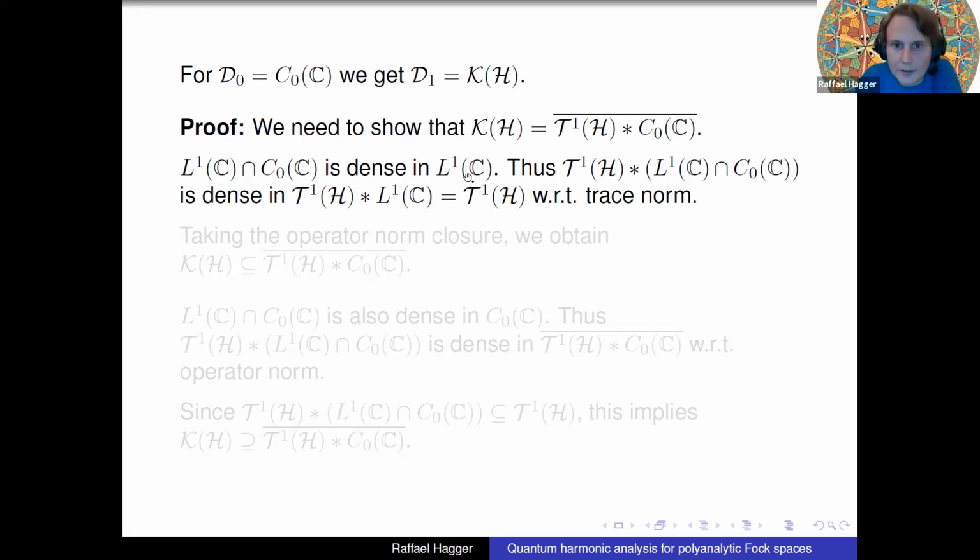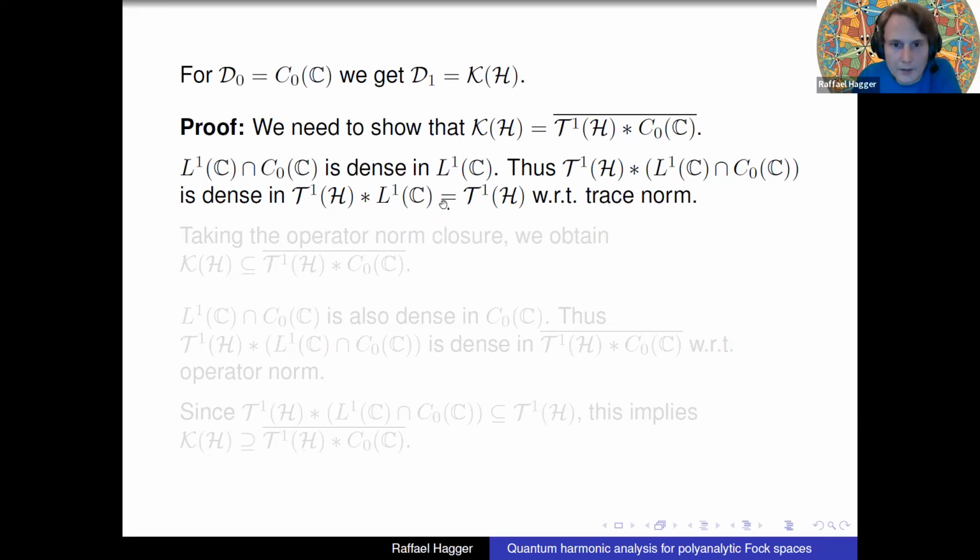Then we use Young's inequality to show that this set here is dense in here, right? Because this is dense in here, and if you convolve, this will translate. So this will be dense in this, and it will actually be dense in the trace norm.